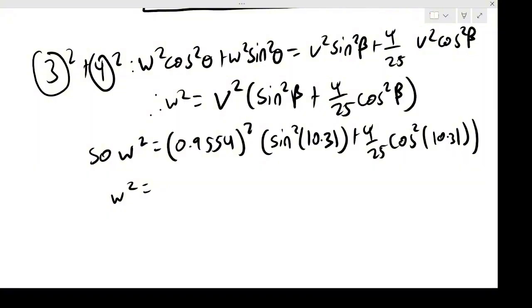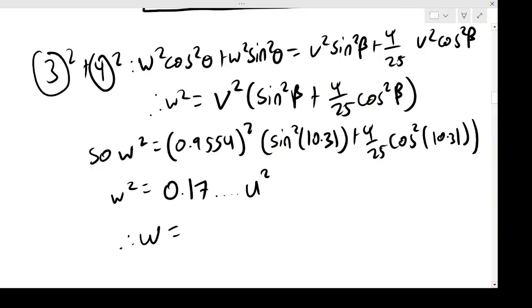If we work all of that out, we get W squared to be 0.17 blah blah blah U squared.